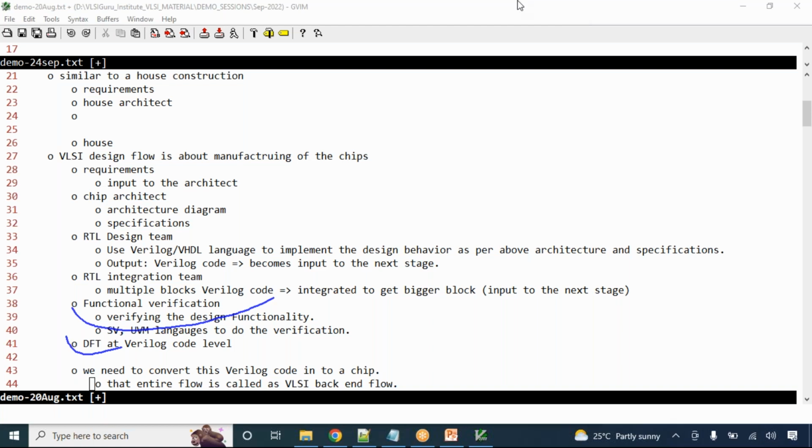Because if you see, at what technology level are we manufacturing a chip? We are currently manufacturing at 5 nanometer technology. What is meant by 5 nanometer is the transistor channel length. Channel length means the distance between source and drain. A transistor will have source, drain, gate and base, substrate. The distance between source and drain is 5 nanometer.